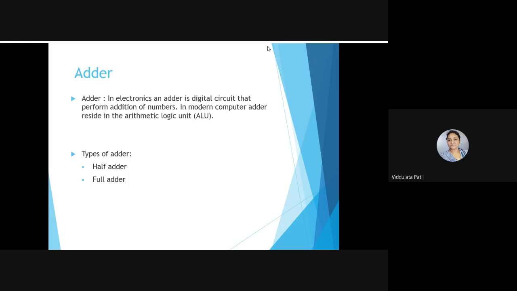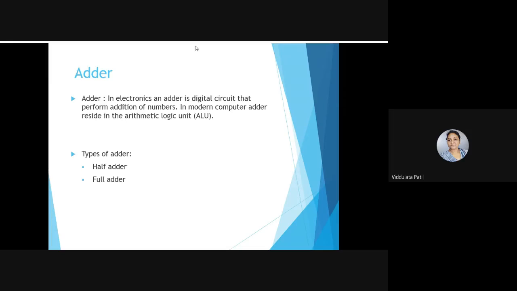So this is an adder. We are going to discuss how to write VHDL code for an adder circuit. What is meant by an adder? It is a circuit which performs addition of numbers. In most modern computers, the adder is present in the arithmetic logic unit, that means the ALU.